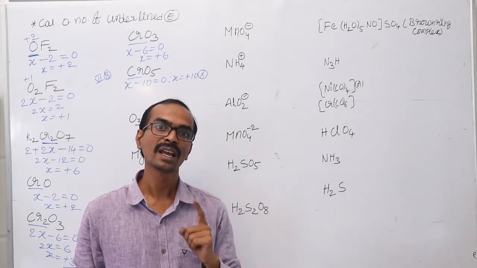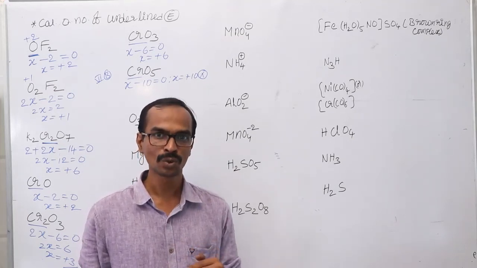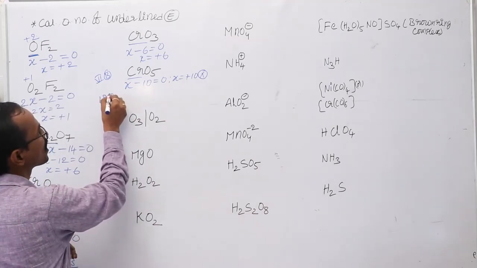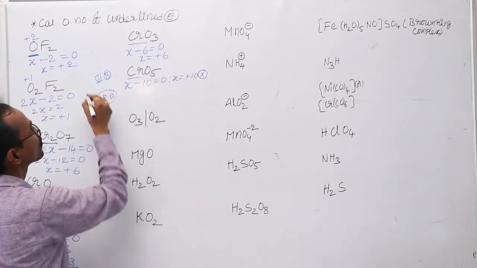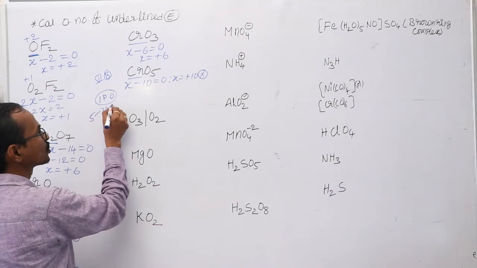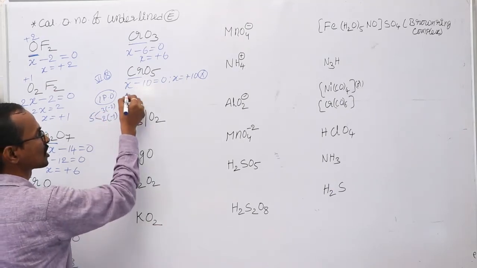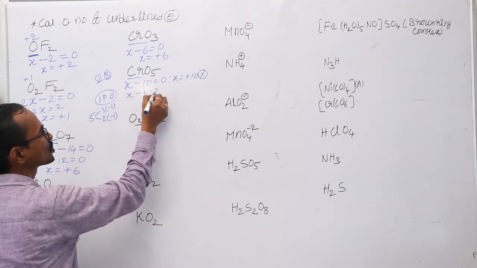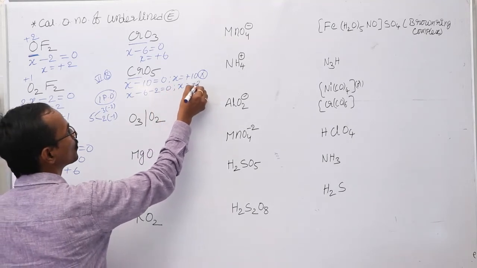I told you in peroxides oxygen is having minus 1 oxidation state. So let me assume one peroxide bond in the CrO5 molecule. Then out of 5 oxygen atoms, 3 are having minus 2 oxidation state, 2 are having minus 1 oxidation state. So X minus 6 minus 2 is equal to 0, then X is equal to plus 8.